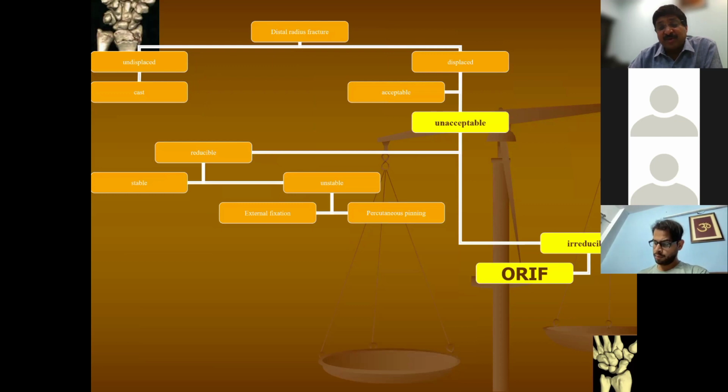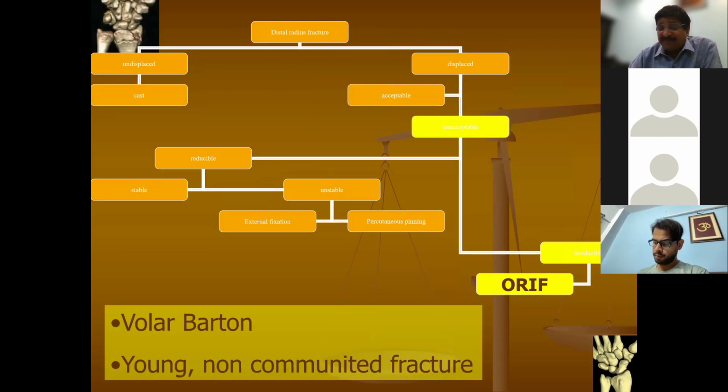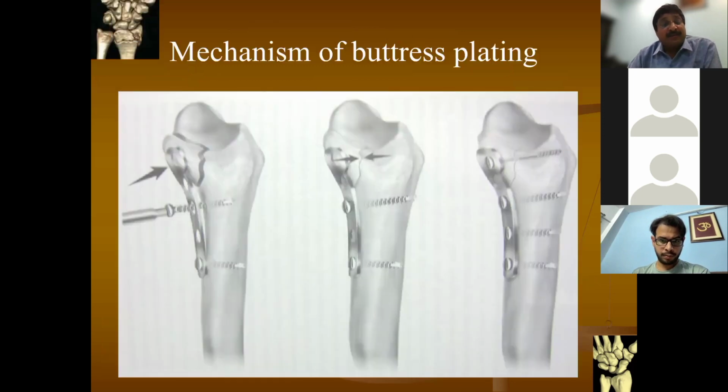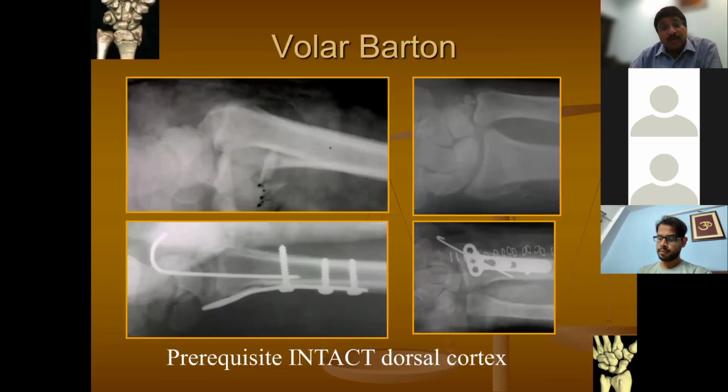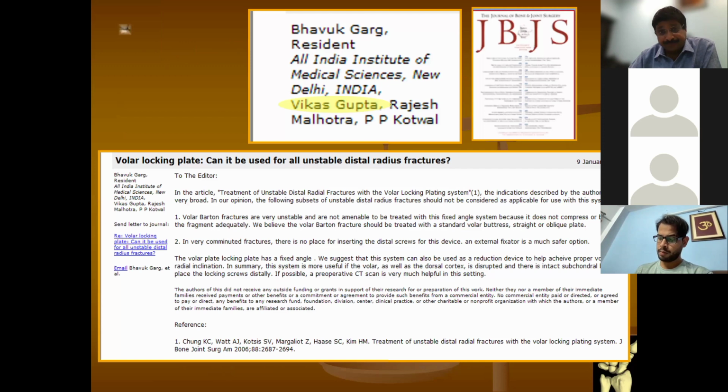But for fractures like volar Barton fractures, or young patients' non-comminuted fractures, buttress plating is a very good method to be used in volar Barton fractures, because buttressing can be done when the opposite cortex is intact. If the opposite cortex is not intact, then the buttress effect does not come. So for buttressing, you have to have a prerequisite of an intact dorsal cortex.